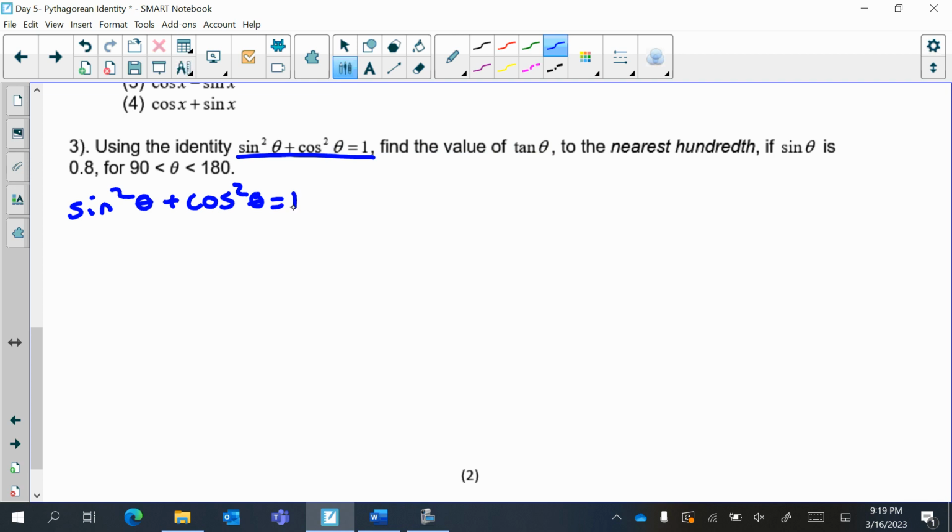They are giving you that sine is 0.8. So we're going to have 0.8 squared, because it's not sine theta, it's supposed to be sine squared theta, so you have to square the 0.8. And if you do 0.8 squared in the calculator, you get 0.64.